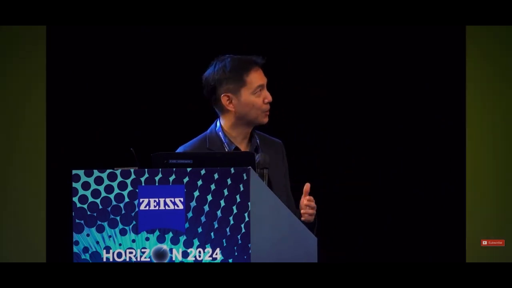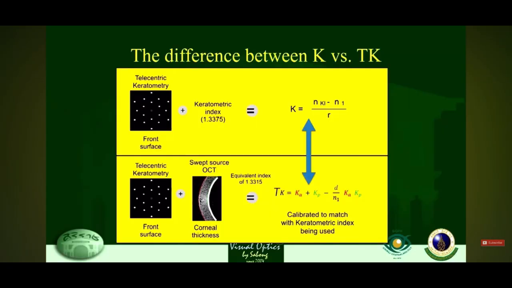In any case where you see these two values are different, that means the front and back of the cornea in that particular eye is not in the normal range, and something might be wrong with that eye. So it is very good to take a look at these two values and compare them together.